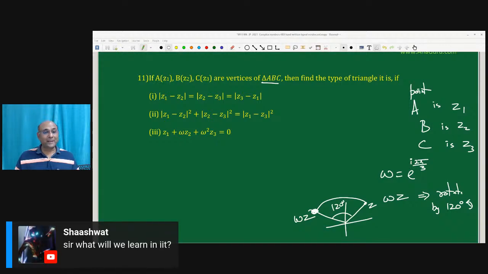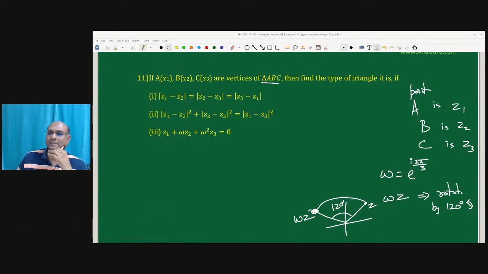Shashwat, you will learn complex numbers. Whatever I have done, you will learn it in the first year in IIT. Okay, you have a complex analysis thing, I think first year or second year. I think it's the first year itself. Second semester, I think there is complex numbers, at least IIT Madras. So you learn it throughout. Electrical engineering without complex numbers, you can't even start.